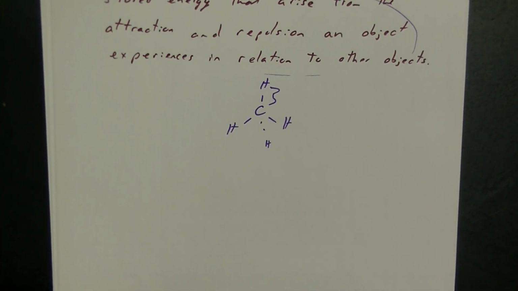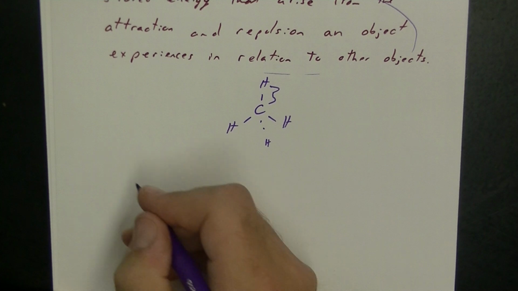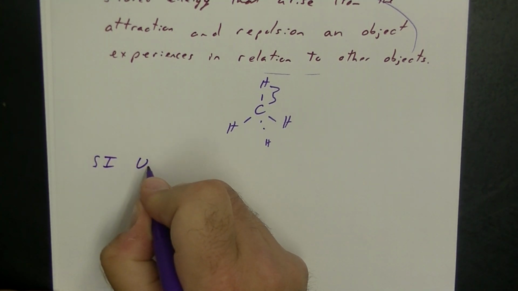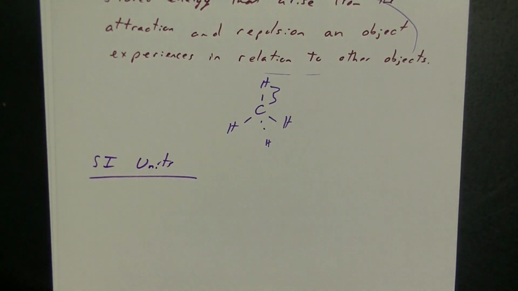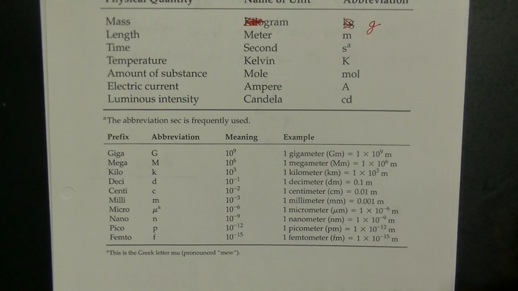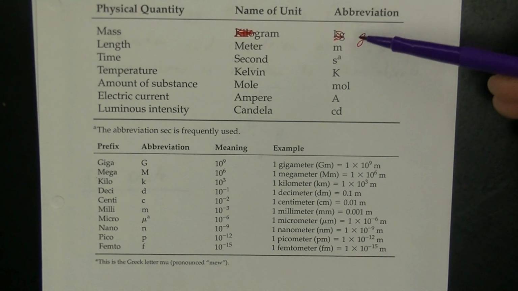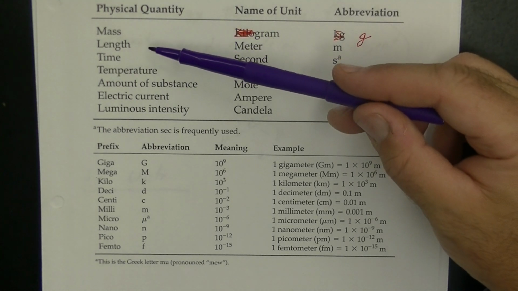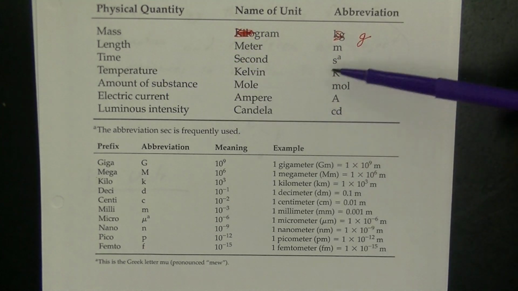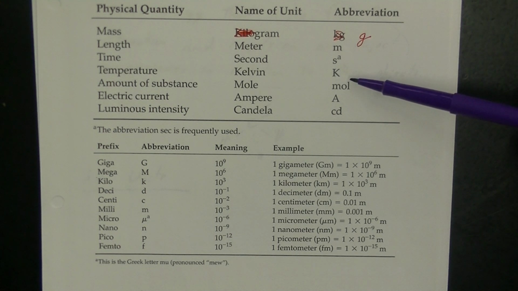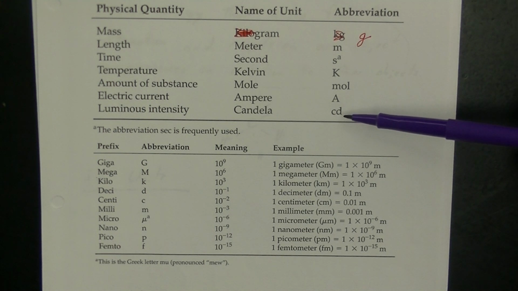Now, for this whole unit, or for the whole year, we're going to be in the metric system. So you're going to need your SI units, and I think I posted this on Classroom for you if you need it. These are our bases: mass, length, time, temperature. So we've got grams, meters, seconds, Kelvin, moles, amperes.